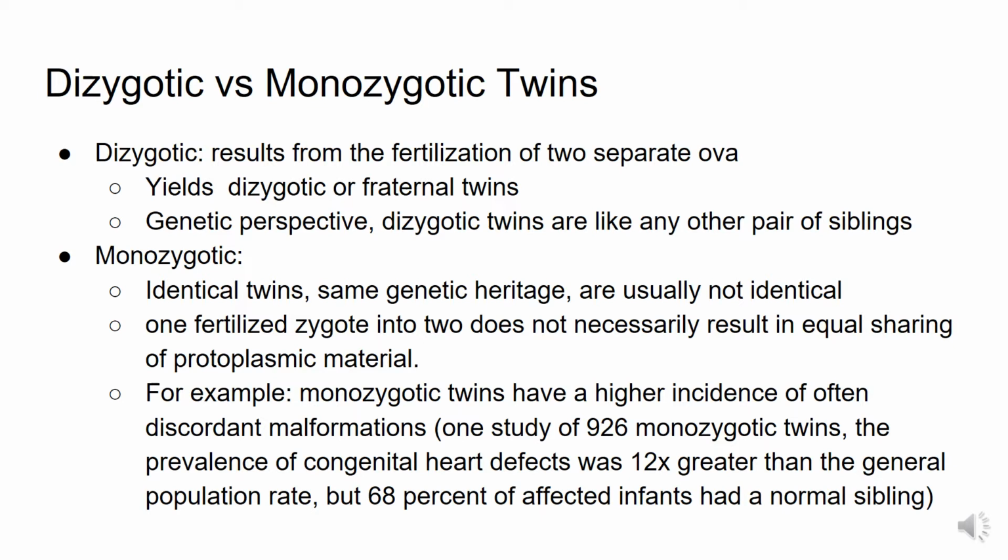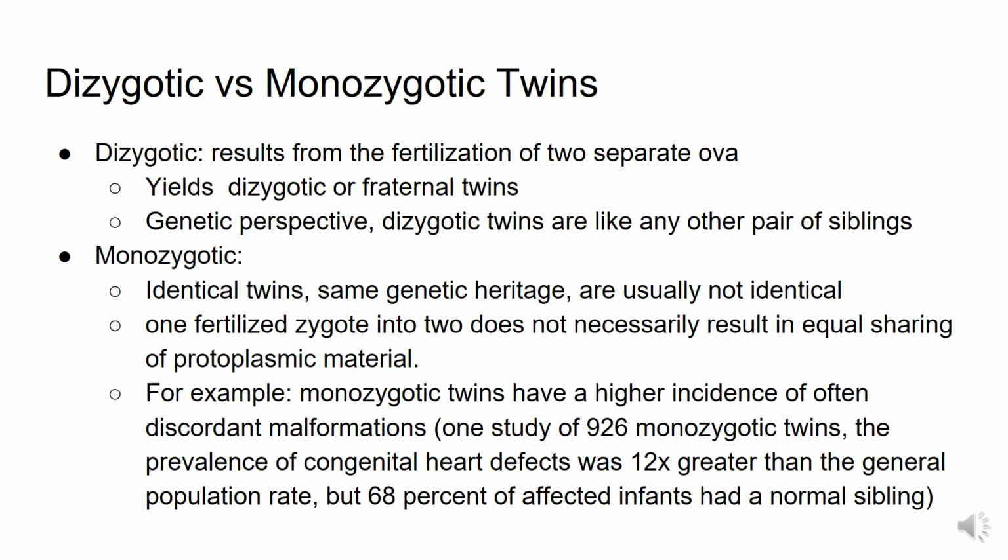They have the same, and I say that in air quotes, genetic heritage. However, we know that even monozygotic twins are not exactly alike in every way. And that's because there's an unequal sharing of protoplasmic material, and that could lead to subtle differences.